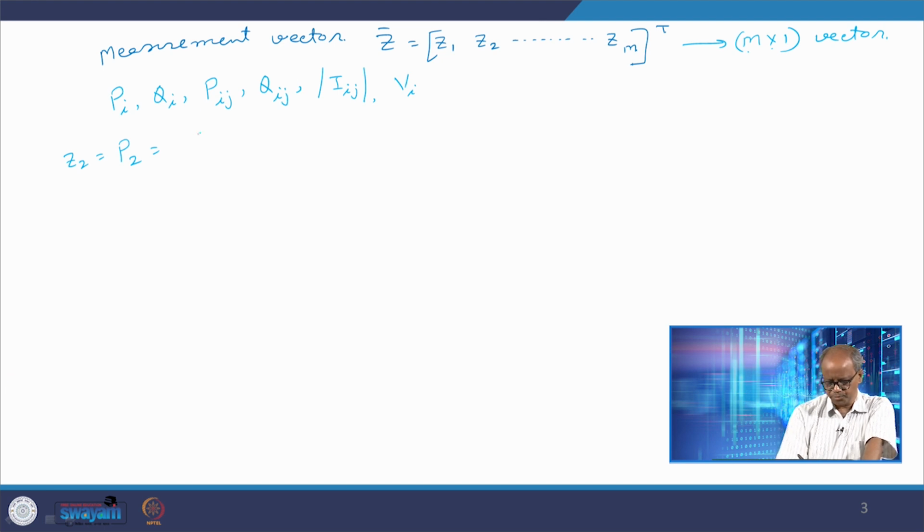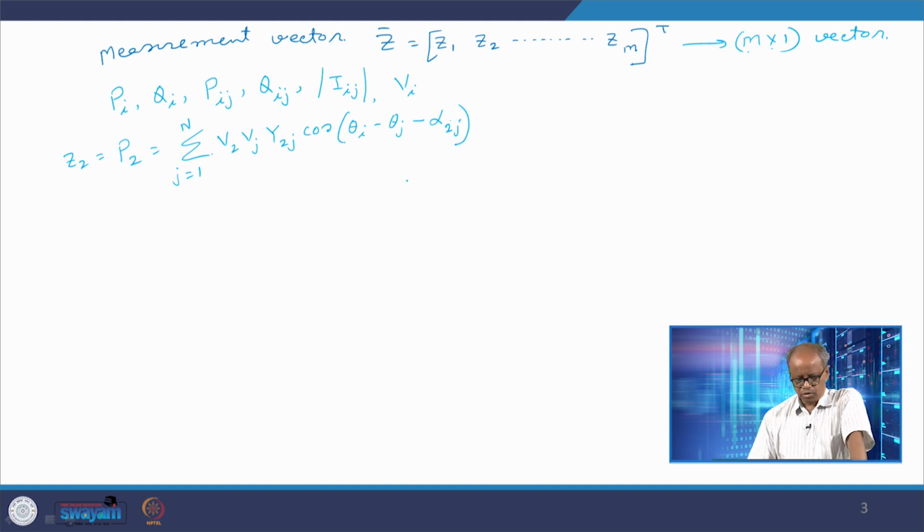Then obviously P2 is given by the sum over j equal to 1 to n of V2 Vj Y2j cosine of theta 2 minus theta j minus alpha 2j.